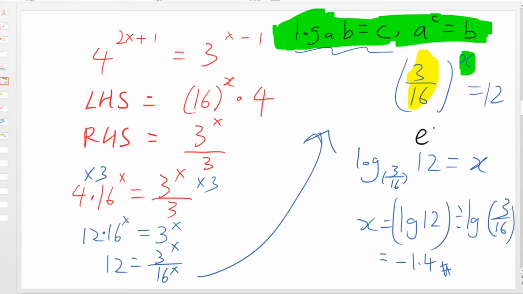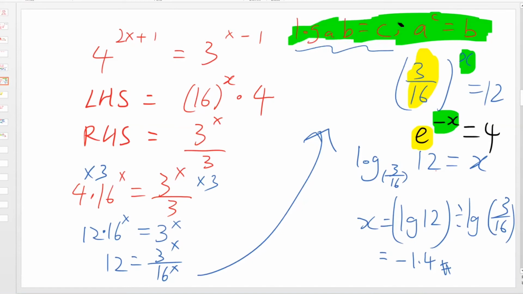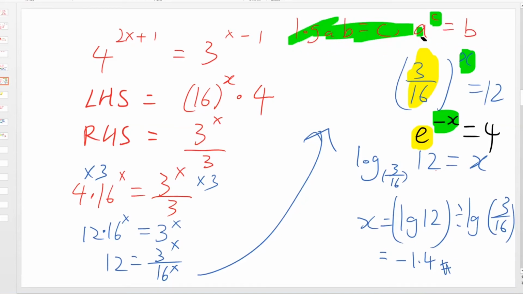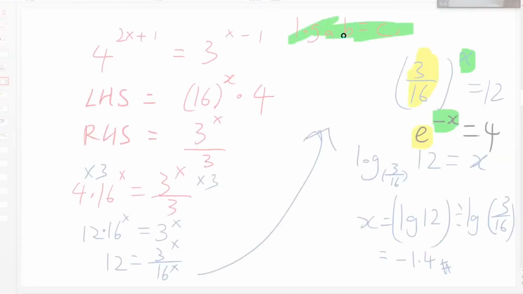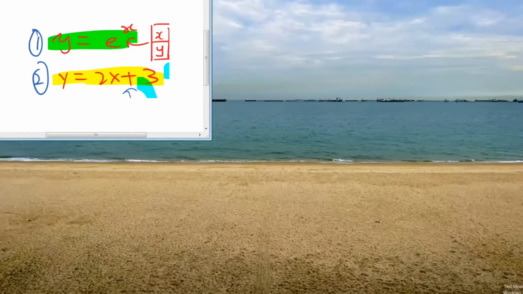So just e to the power of negative x equals to 4. It's similar. This is your yellow part. This is your green part. Get it? So you use this formula. For the first question should be okay, right? Use that formula.